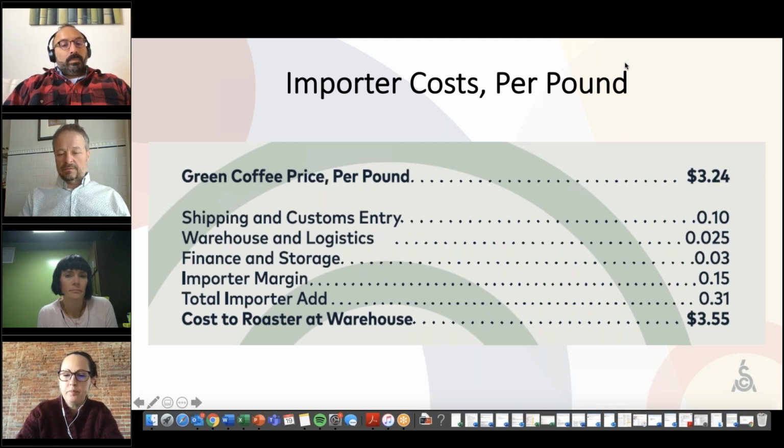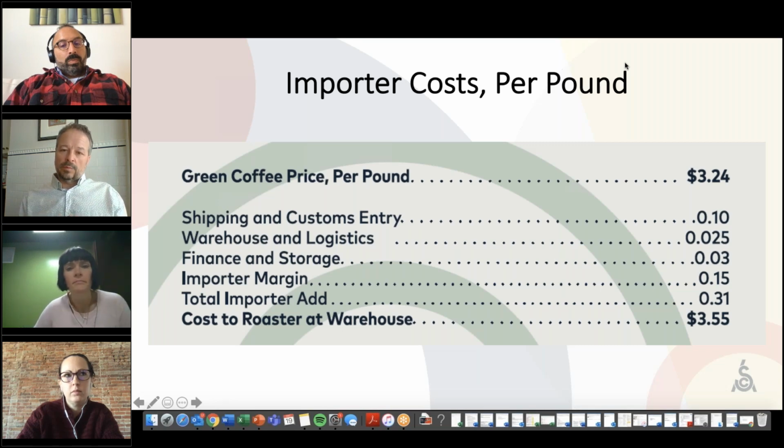So a couple of sidebars here about how you can involve yourself more in this process. The successful roasters in the United States consolidate their purchasing to things that they know very well, and that could include a direct trade relationship, or buying from origin and using an importer who also has a good relationship with that exporter to bring it in.